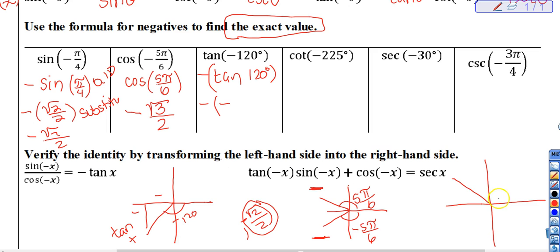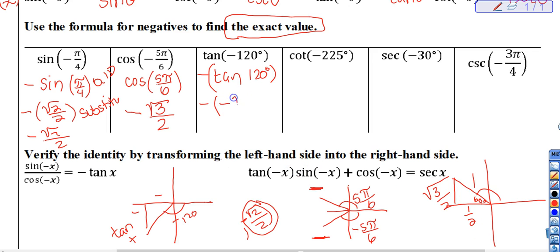So 120 degrees. So that means this is a 60-degree angle. So this is 1/2. This is the square root of 3 over 2. And this is 1. And tangent is opposite over adjacent. So the square root of 3 over 2, square root of 3 over 2.